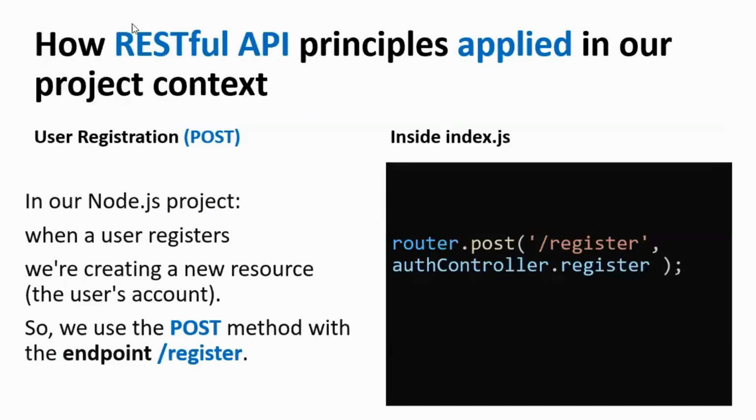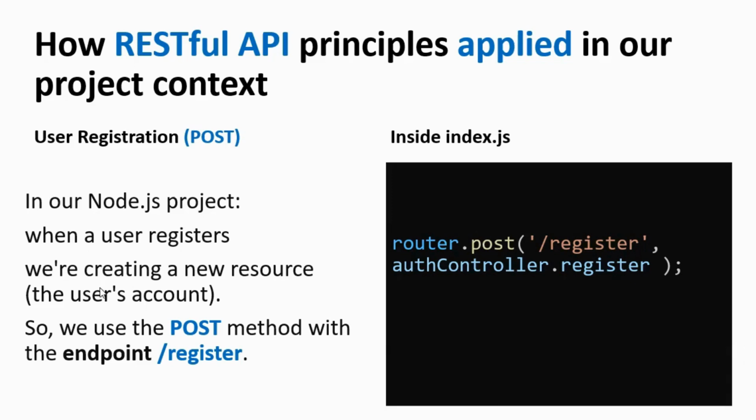So where is RESTful API applied? Where do we use it inside our code? For example, in the registration in our Node.js project, when the user registers, we say router.post. Whenever the user clicks on the register page, we should create data, so we post here.